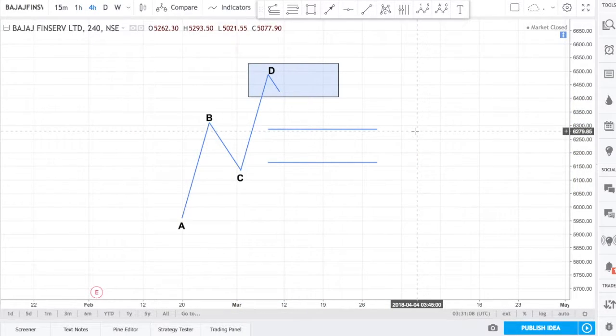To make it even clearer to you, let me demonstrate this whole process on real charts.